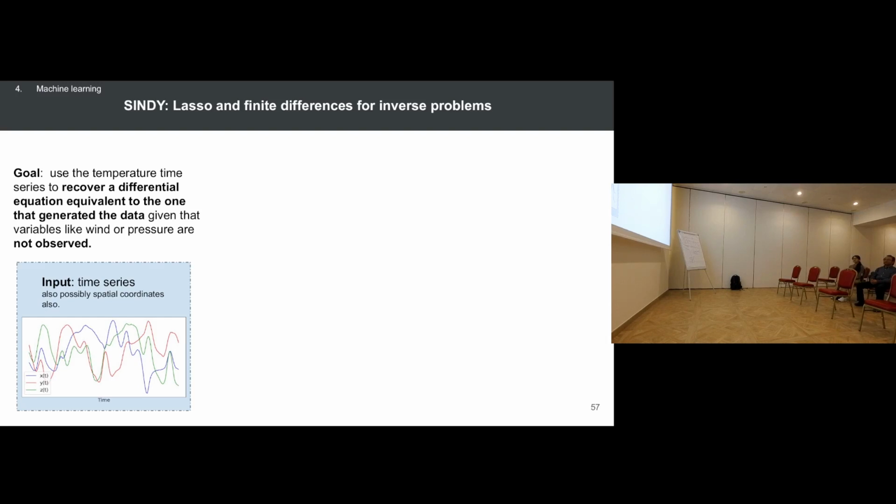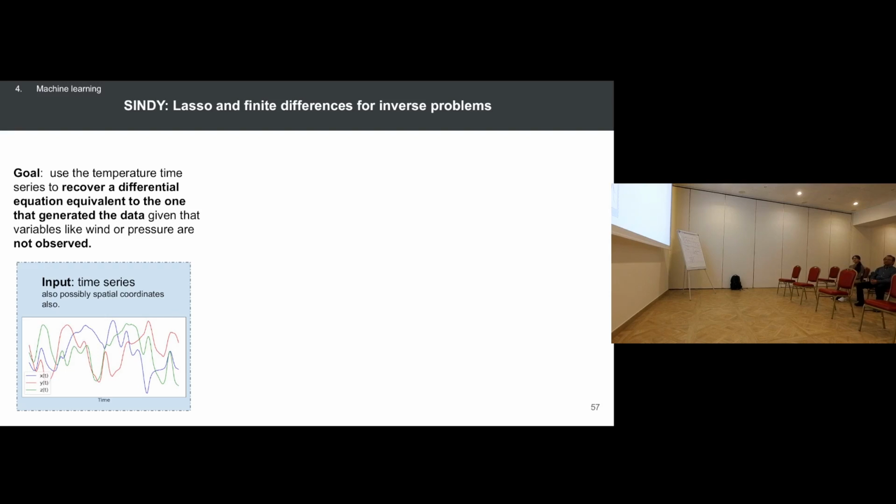A first technique that I worked on a bit before, and I think it's interesting to at least mention because it can be useful at some point, is particularly for inverse problems. The idea is that we have a system, for example an ordinary differential equation, but it can also be a partial differential equation, and you have measurements.